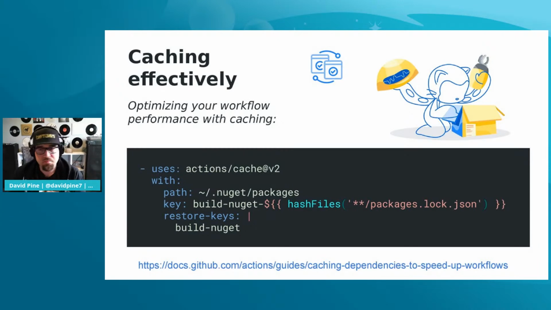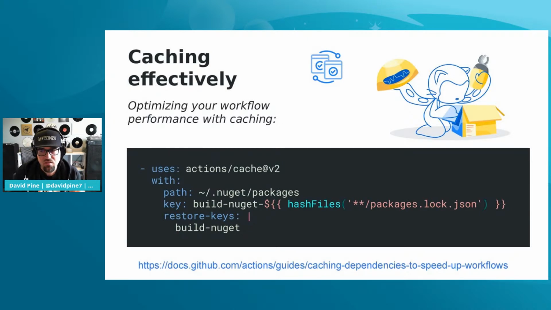Cool. So awesome. Another thing to be mindful of is effective caching. You can optimize your workflows by utilizing the actions/cache action. What that does is essentially allow you to provide a path that you want to monitor and a specific key.